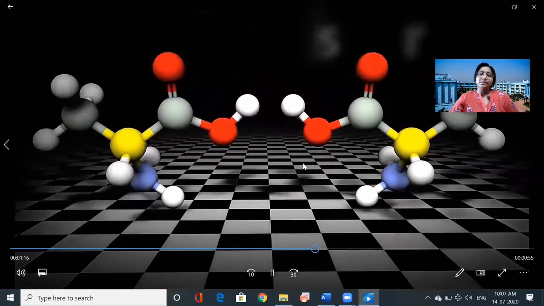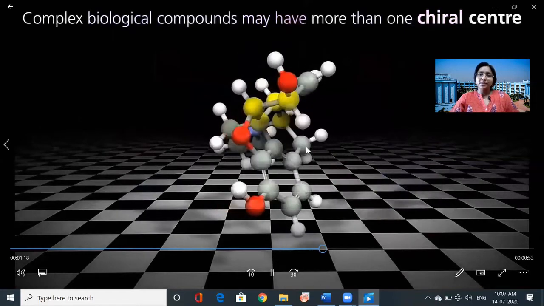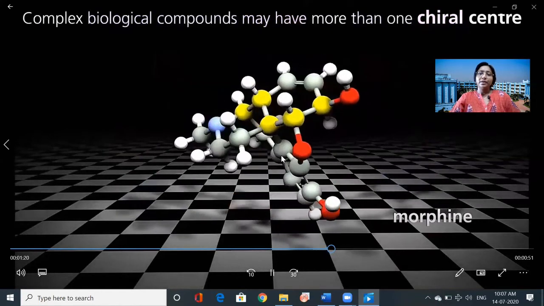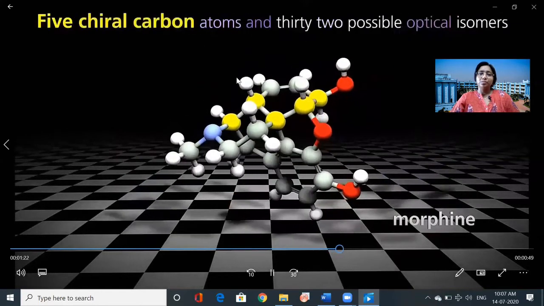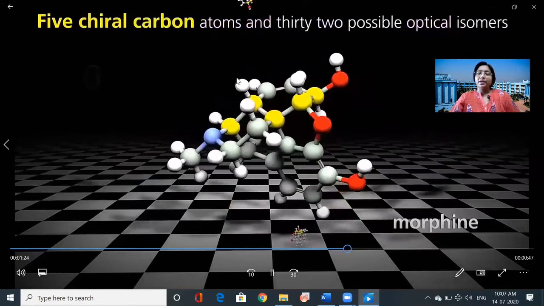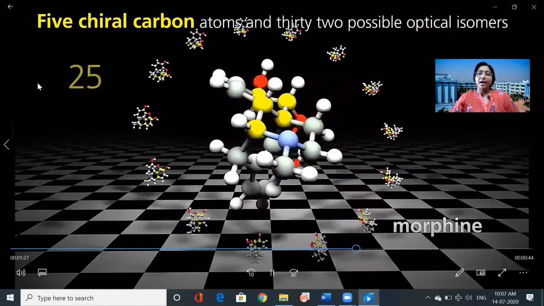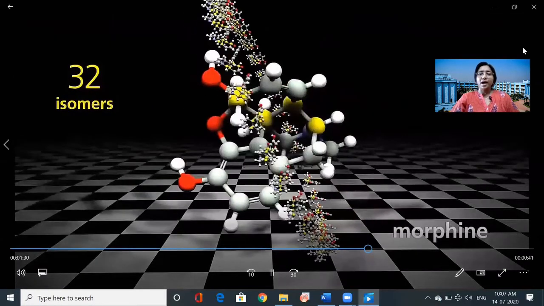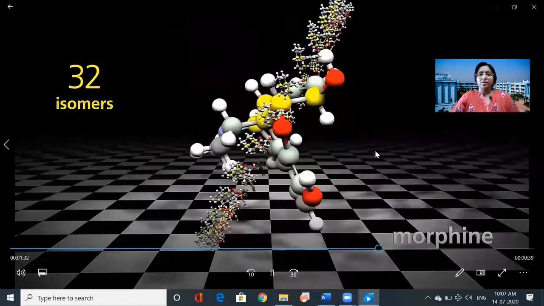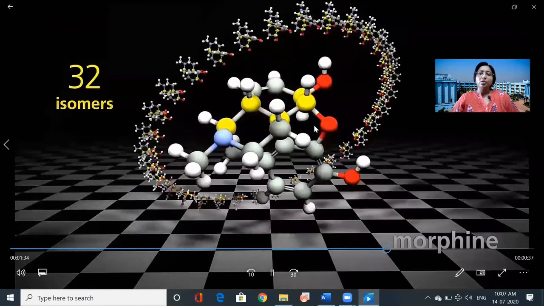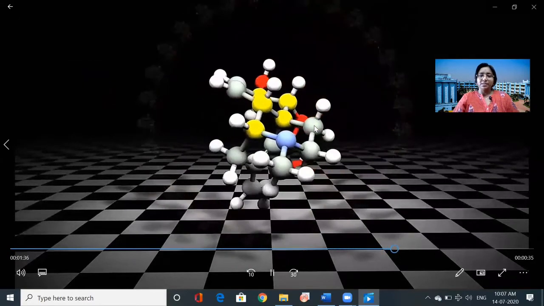Here you can see the 2 optical isomers, and there are different biological compounds. There are different atoms, and it has different possible isomers. In this way, you can get the 3D representation.